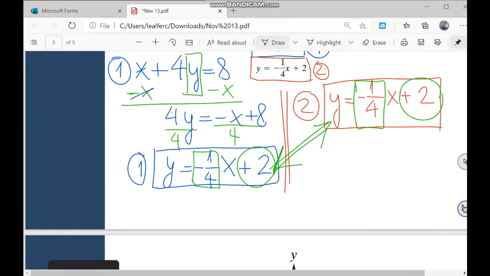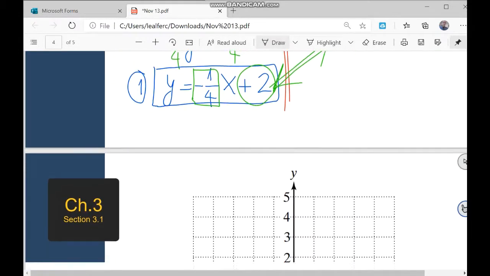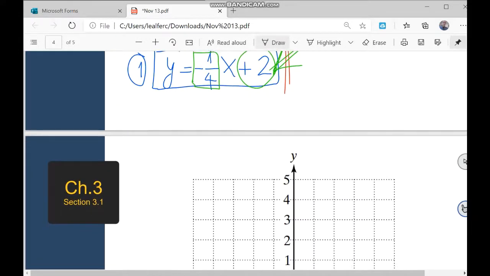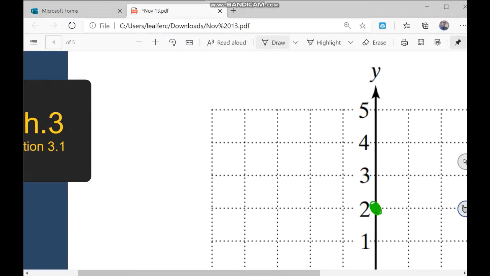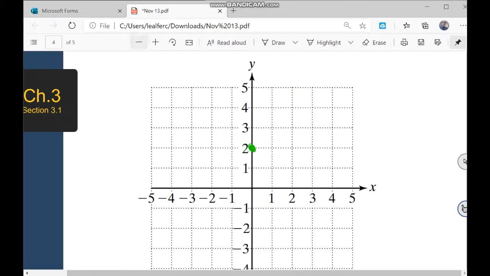Let's graph the equations that we found here on the rectangular coordinate system. The y-intercept, b, is here, +2. And the slope, -1/4, is rise over run. Let's draw the slope here.